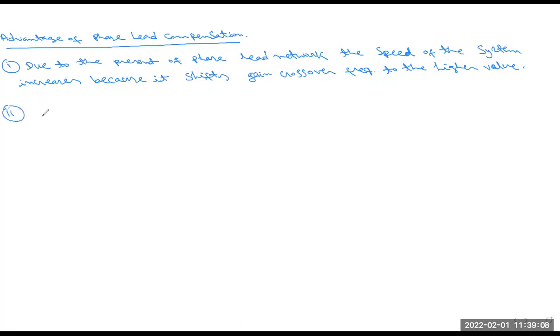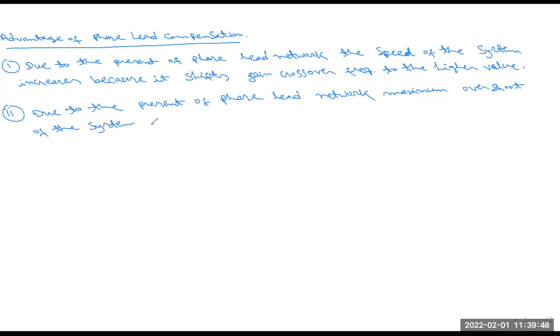Number two, due to the presence of the phase lead network or compensation, the maximum overshoot of the system decreases.